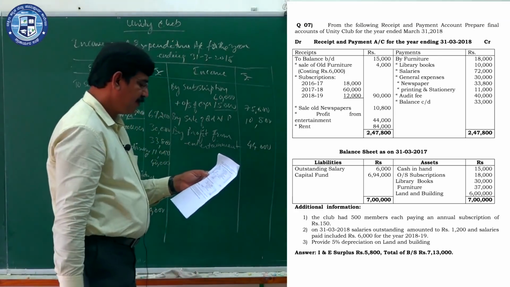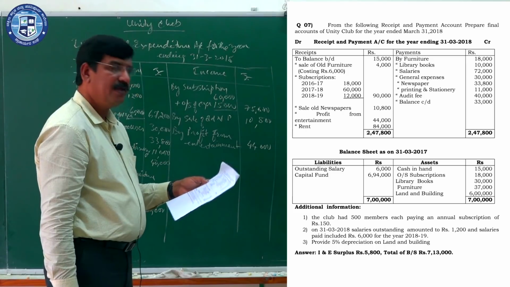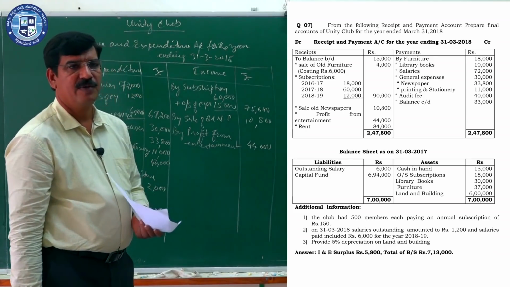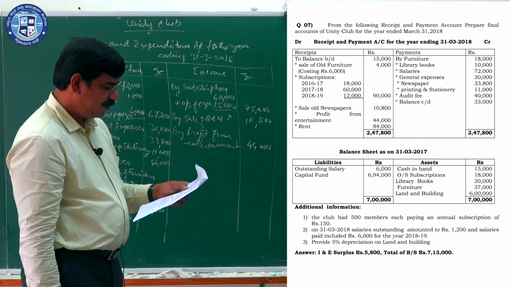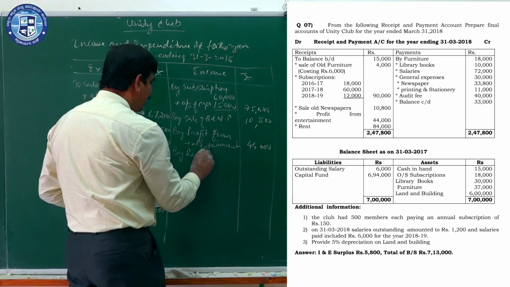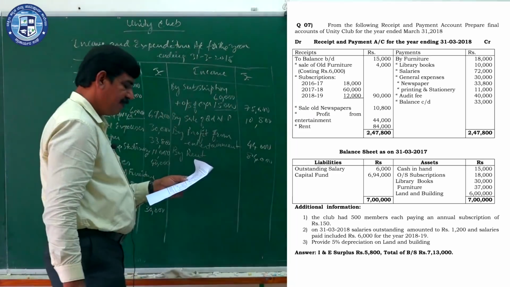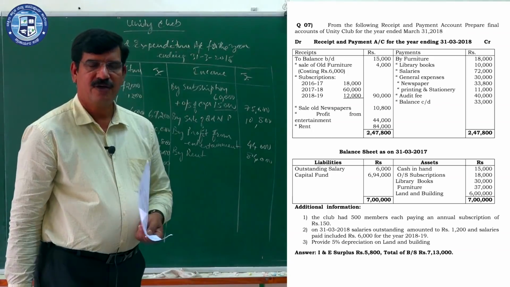Then is there any other item? Just look into the problem. There is no other item, I think. And yes, rent is there 84,000. By rent 84,000 rupees. So I think I have entered all the items.